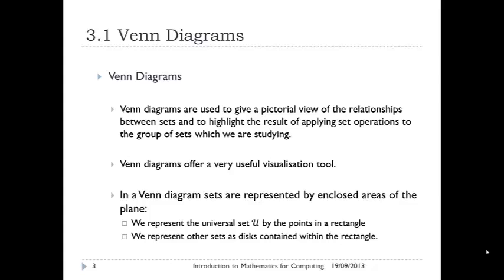So the universal set will typically be represented by a rectangle on the plane, and for the subsets of the universal set we will typically create circles representing those subsets. The different subsets will then form relationships with each other, and we'll go through some diagrams to see exactly how the relationships are formed and how we will actually present them in a diagrammatic form.